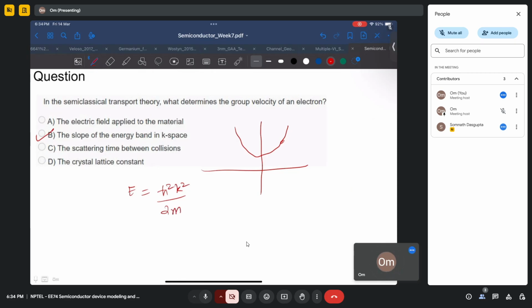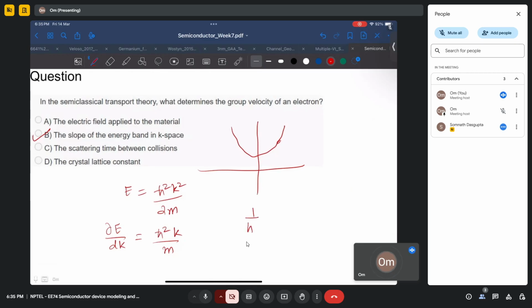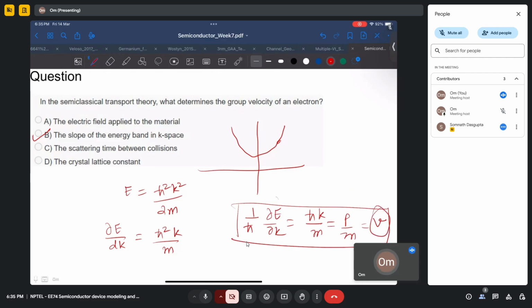We do dE by dk, it will be h cross square k by m, and taking the 1 by h cross to the left side, del E by del k over h cross will be h cross k by m, which is p by m, which is v. So your velocity is dependent on the slope of E-k.